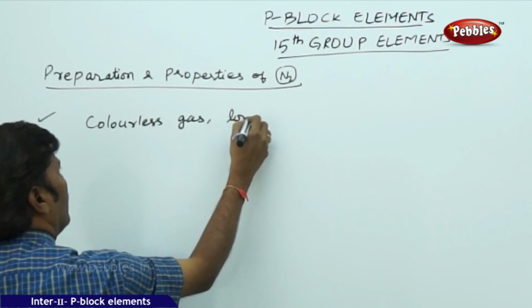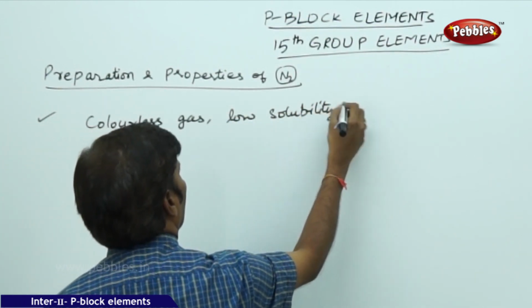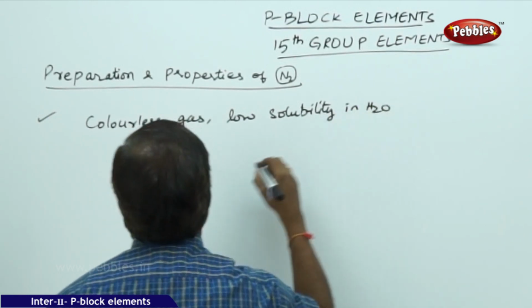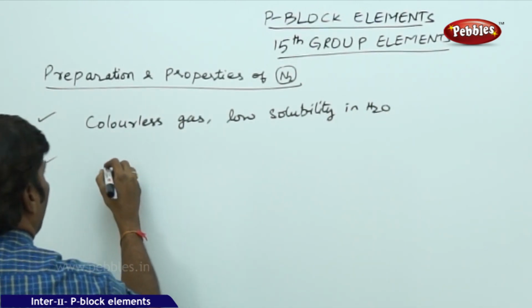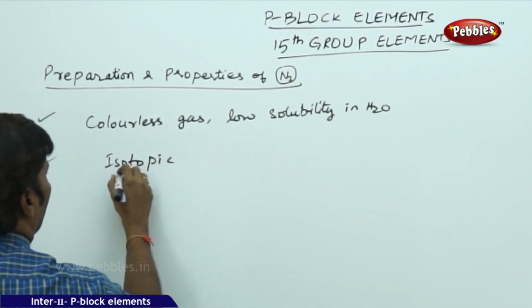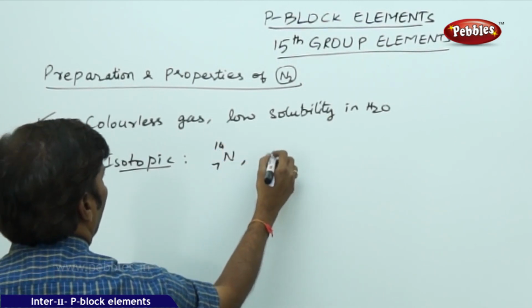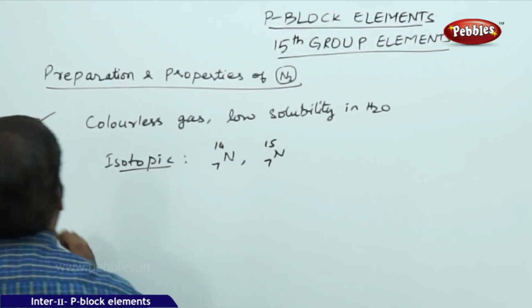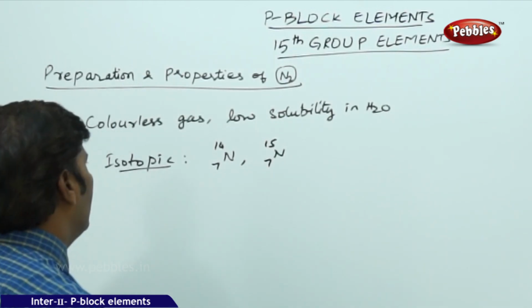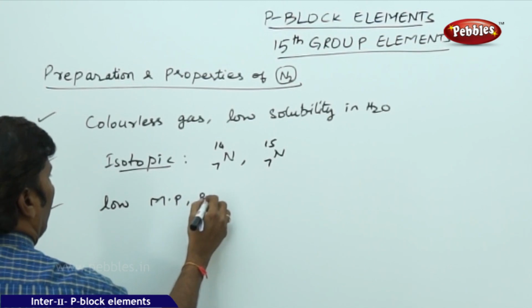It has low solubility in water. It has isotopic forms, 2 isotopic natures, 7 nitrogen 14 and 7 nitrogen 15. And this nitrogen has a very low melting point and boiling point.